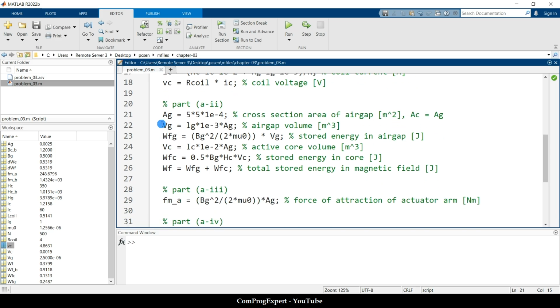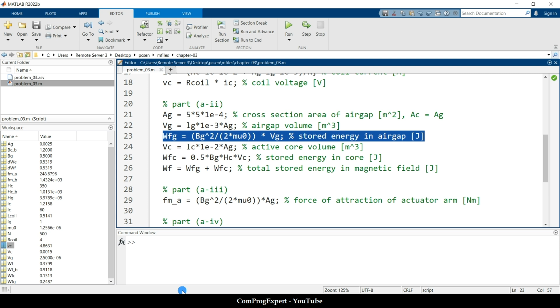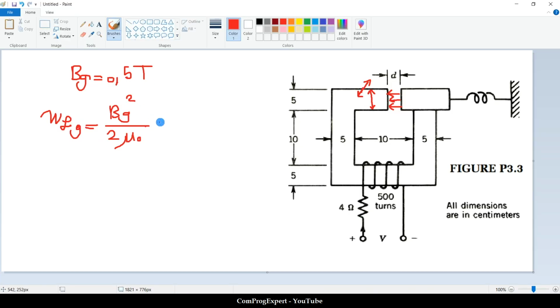What is the value of the volume of the air gap? It is equal to the length of the gap times the cross-section area. So this is the volume of the air gap. And what is the total stored energy in the air gap? It is this energy density times the volume of the air gap.